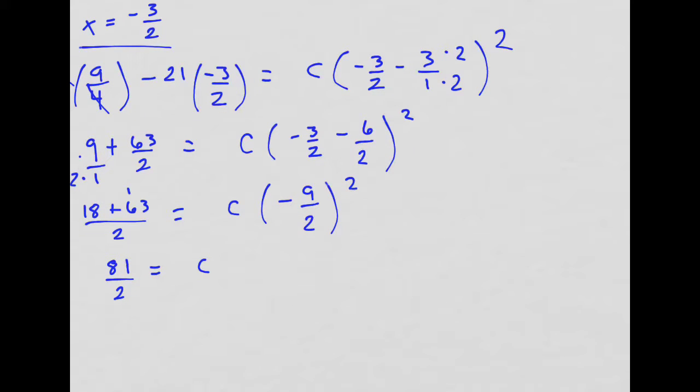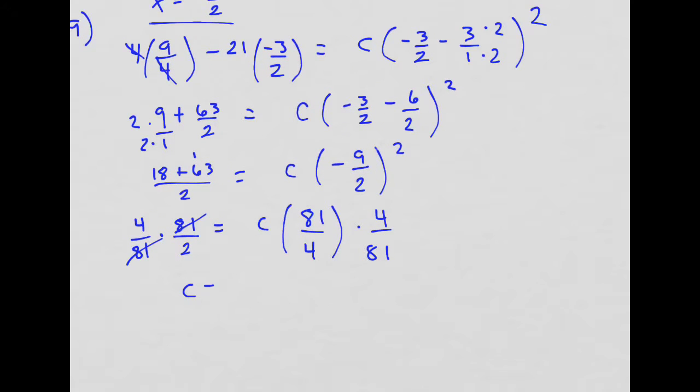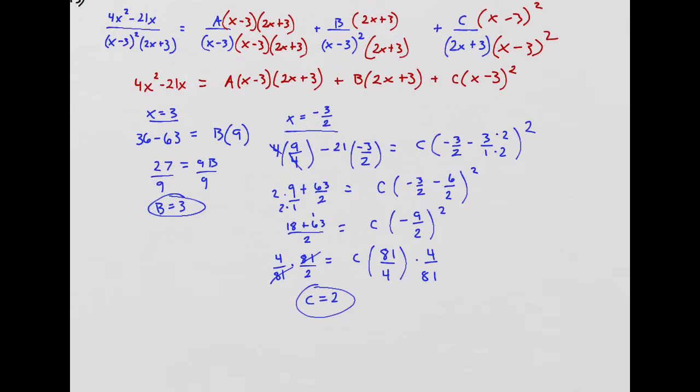Because if I square this, the negative goes away. 81 over 4, right? And I just squared it. And then I multiply by 4 over 81 times 4 over 81. So that goes away, and then we get 2. C equals 2. Oh, that makes me feel good. I think I'm doing it right, Charlie.